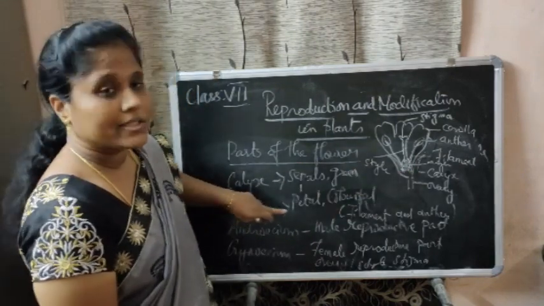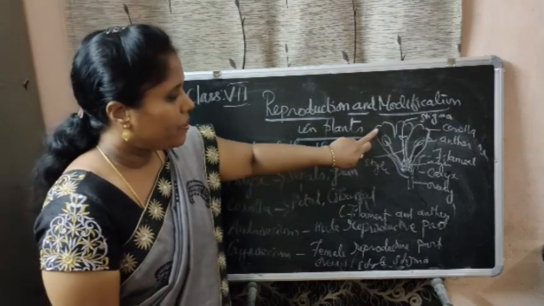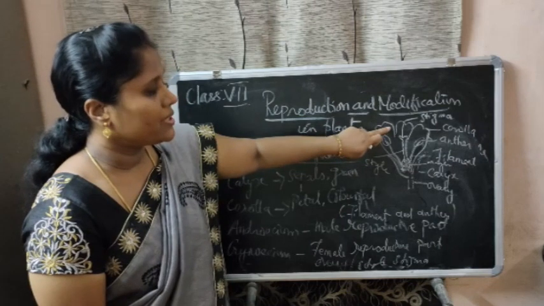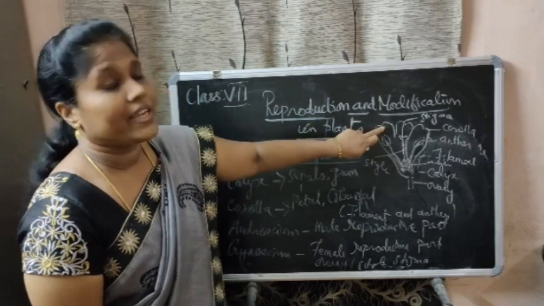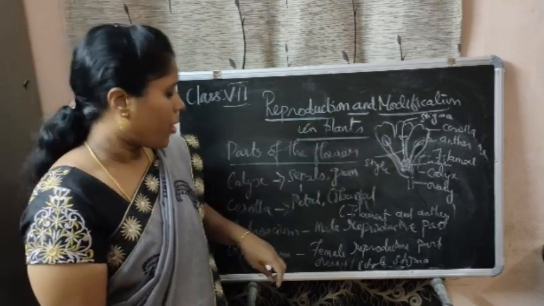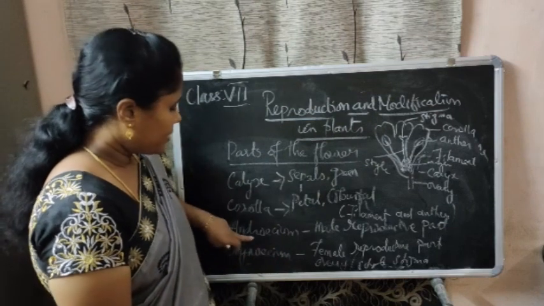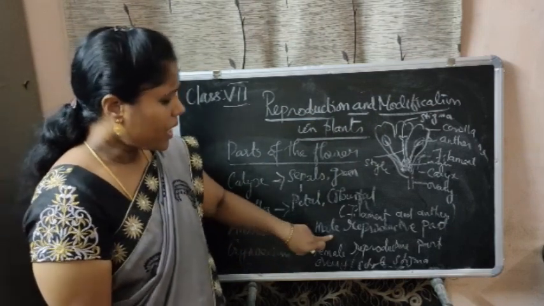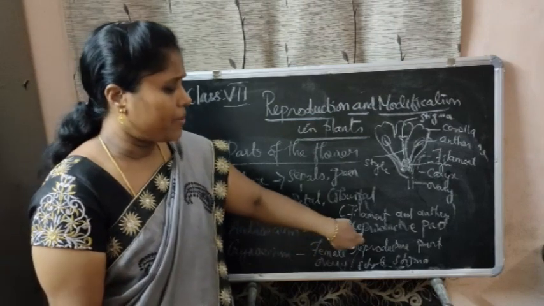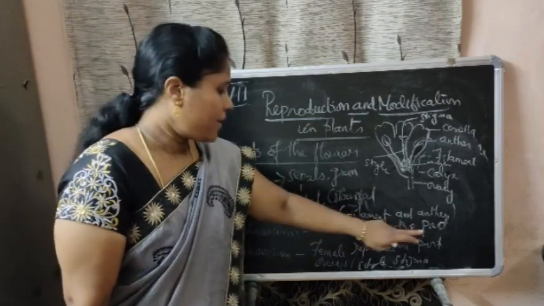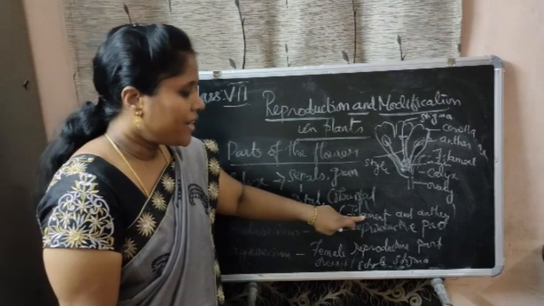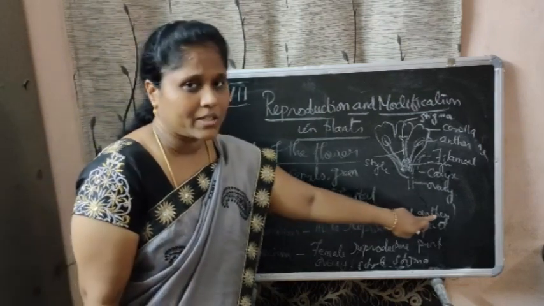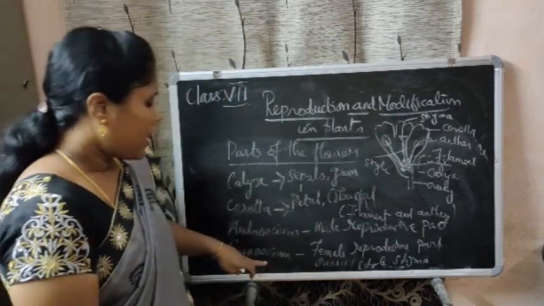Corolla is also called the petals, the colorful part of the flower, and usually this attracts the insects and helps in pollination. Next comes androecium, the male reproductive part of the flower. It contains the long slender filament and the lobed structure called the anther.